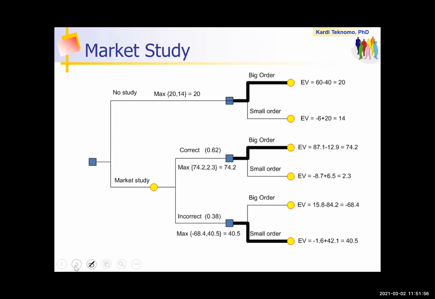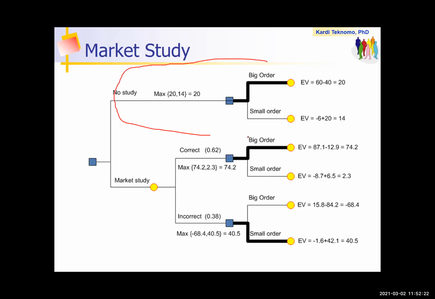So once you get that, now we can include everything here. Look at this. A while ago, in the slide of decision under risk, we had no study. We already included this, right?